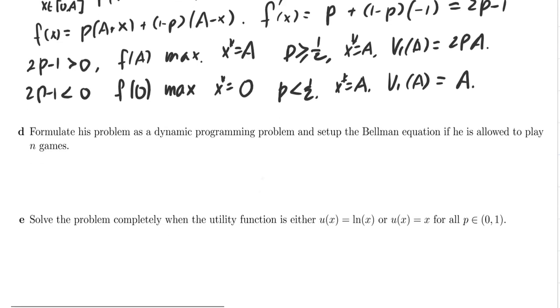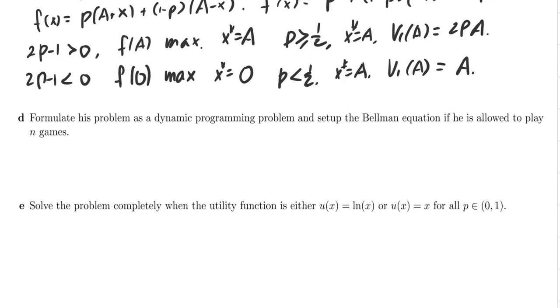And for part D, now we do the formulation only. So we now have n games to play, but we play the first game first. So we bet x, and x is between 0 and a. If we win, then we have a change to the state variable's value, how much fortune we have, and then we have a plus x.